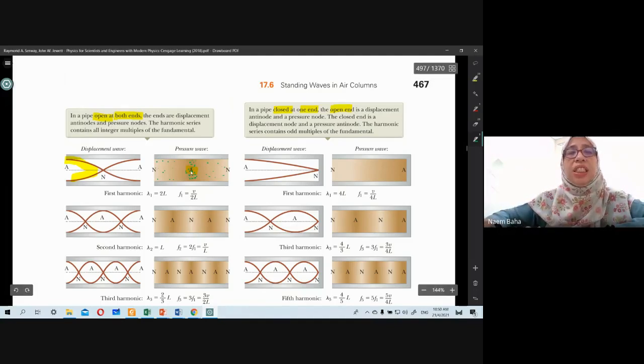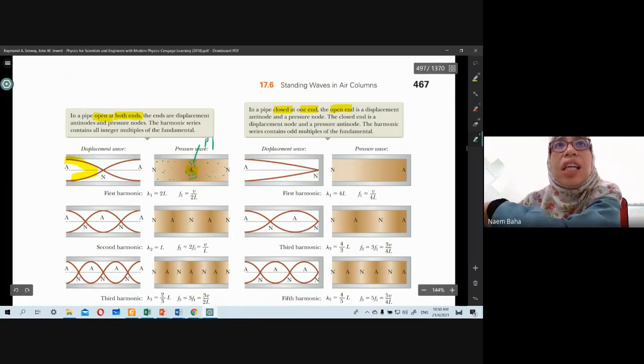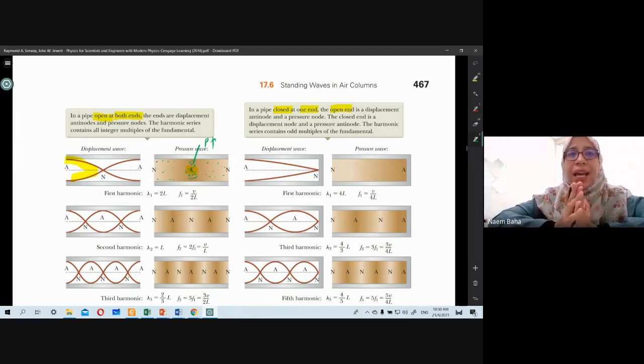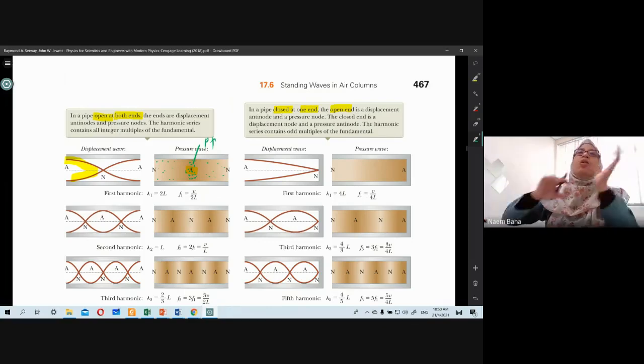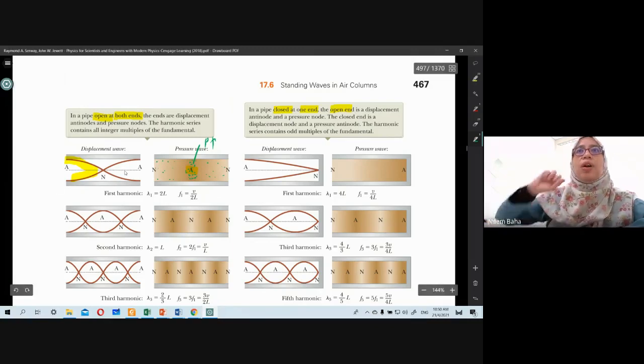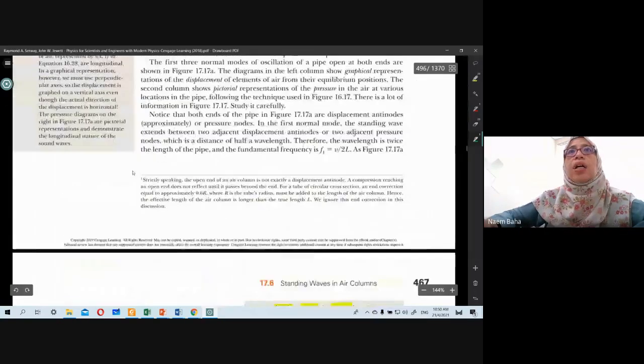Since pressure is high here, let's jot down, pressure is high here because all the particles are compressed at that very close position. So for the pressure, it was a bit different. But for the understanding regarding whether antinode or not in terms of our sketches, this is on the left side.